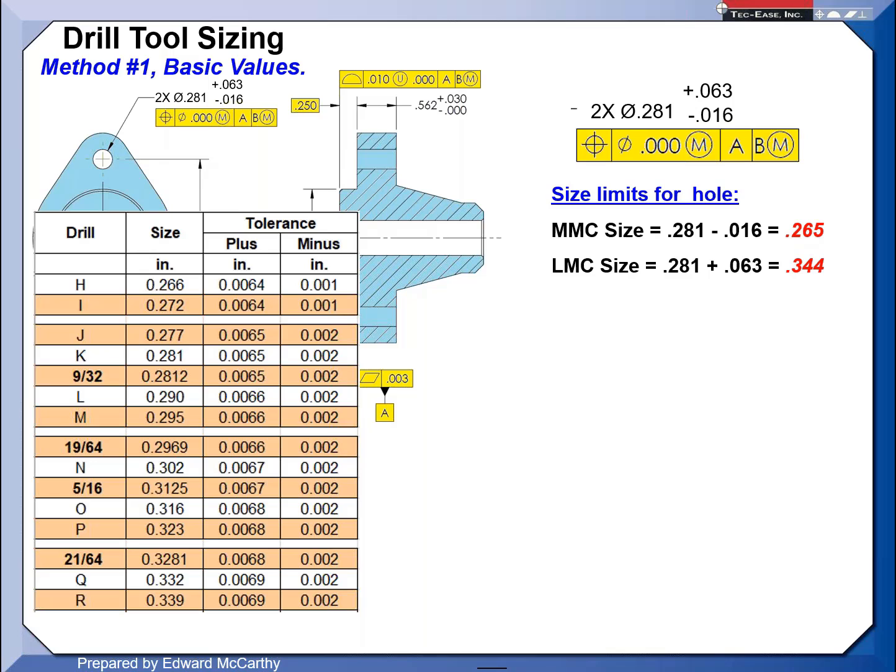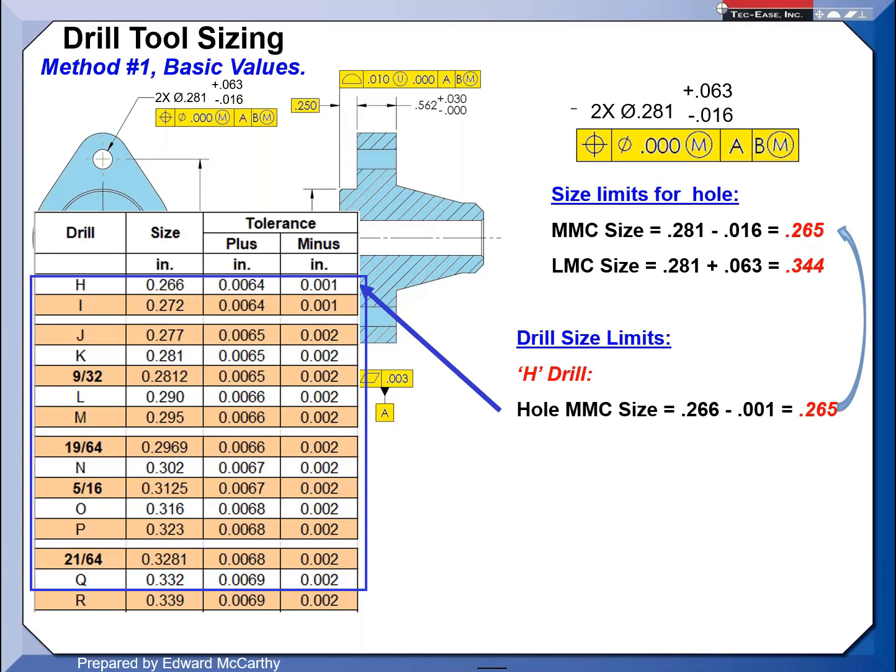Now, if I compare that, you'll see that, based on producibility of that particular drill, the hole could come in as an H drill and would meet the requirement, 265. Then how big could manufacturing go?